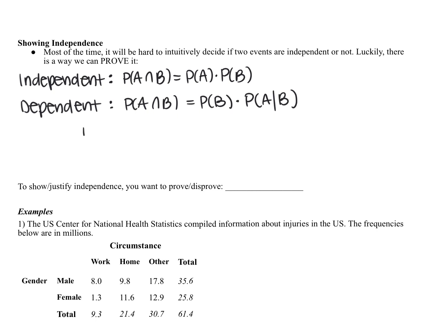If two events are independent, the probability of A times B should equal the probability of B times the probability of A given B.